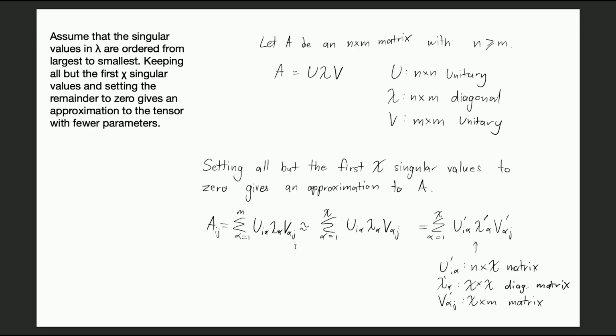The idea of the approximation is that you make a truncation: you set all the small values, all the entries after the first chi singular values, to 0.